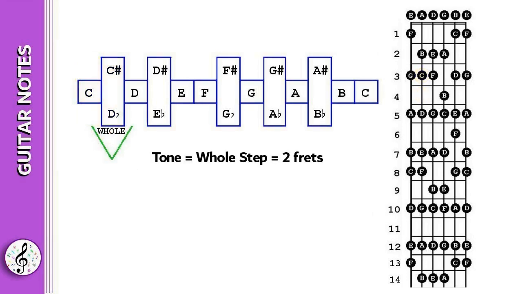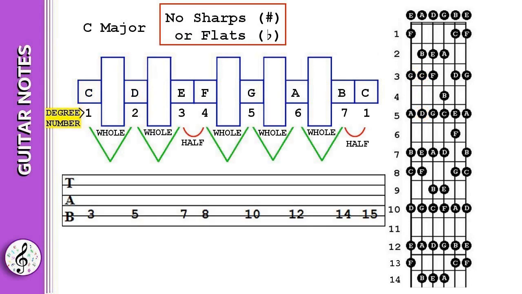A tone is also known as a whole step and is equal to 2 frets on your guitar. So we use these semitones and tones as building blocks to build other types of intervals between 2 notes. And we describe the intervals using numbers.